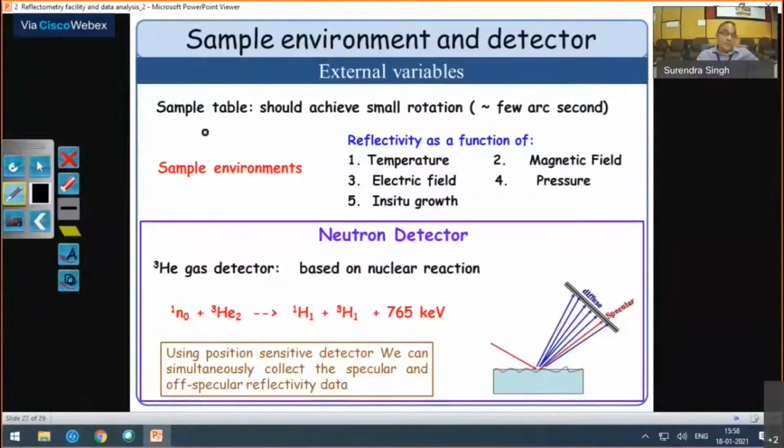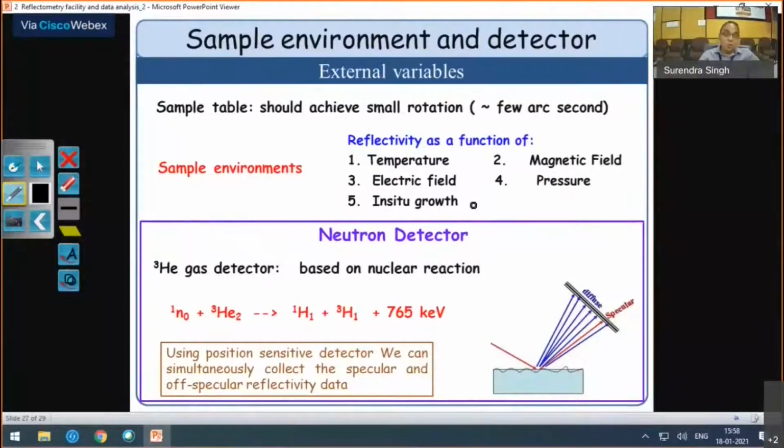Then the sample table. As I said, we have a reflectivity that falls down very quickly, so we measure within 1 or 2 degrees angle of incidence. We should have a robust sample table which can take all the sample environment things like temperature stages, electric field stages, or in situ growth.